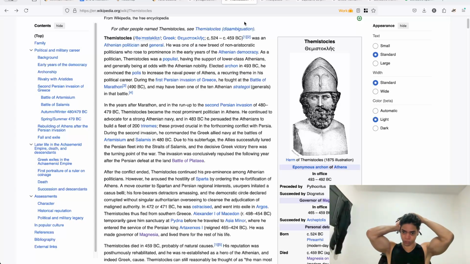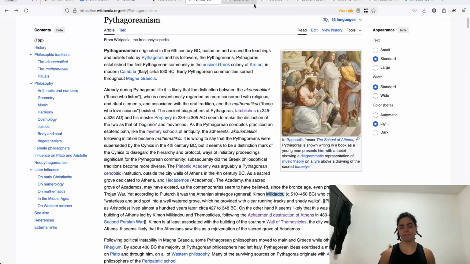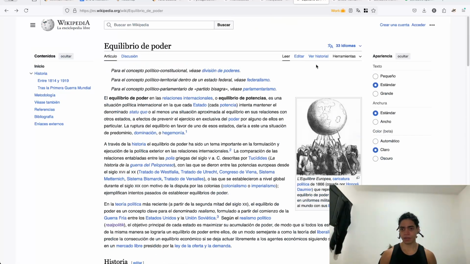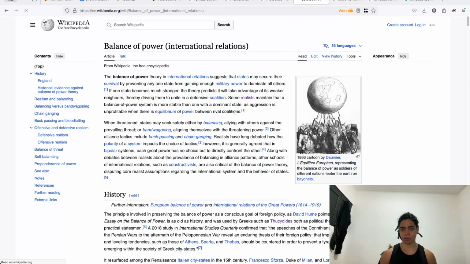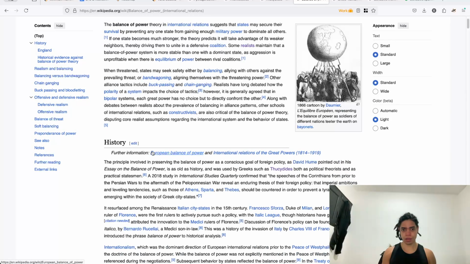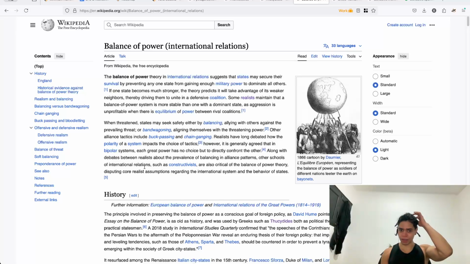The premise of realpolitik is that it is based on balance of power, and how all of the states can share the same portion of power, and how they can impact the choice of tactics.